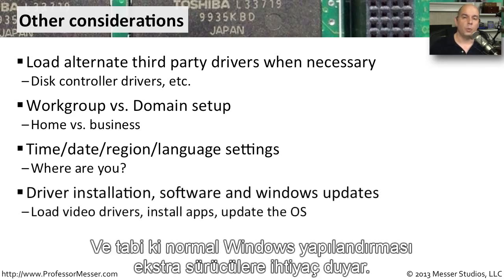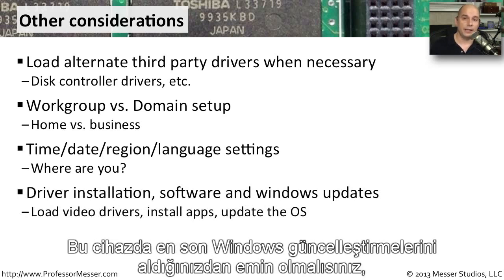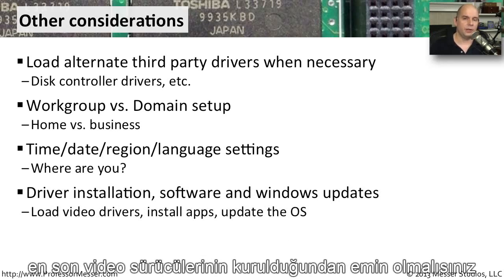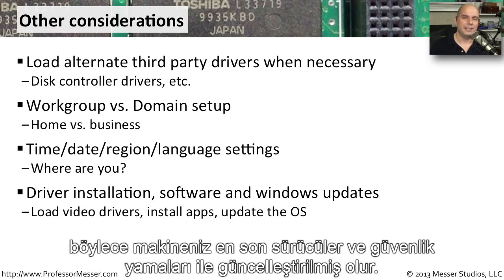And of course, a normal Windows configuration needs extra drivers loaded. You need to make sure you get all of the latest Windows updates on that device. Make sure you get the latest video drivers installed so that machine is updated with all of the most recent drivers and all of the latest security patches.